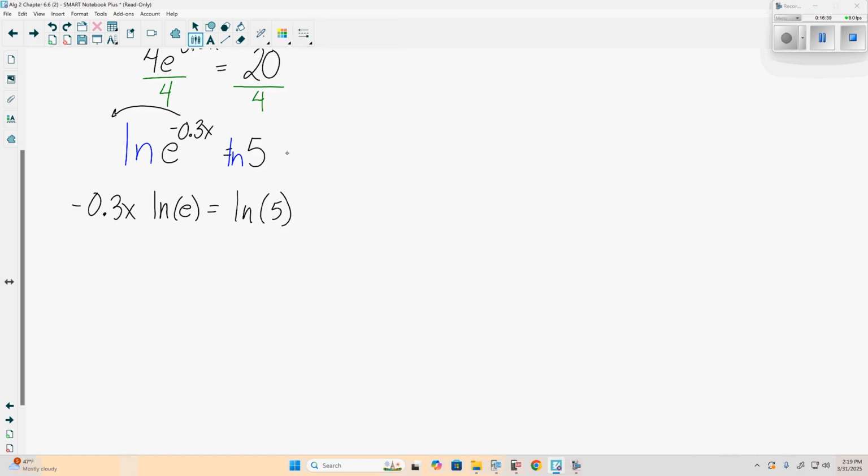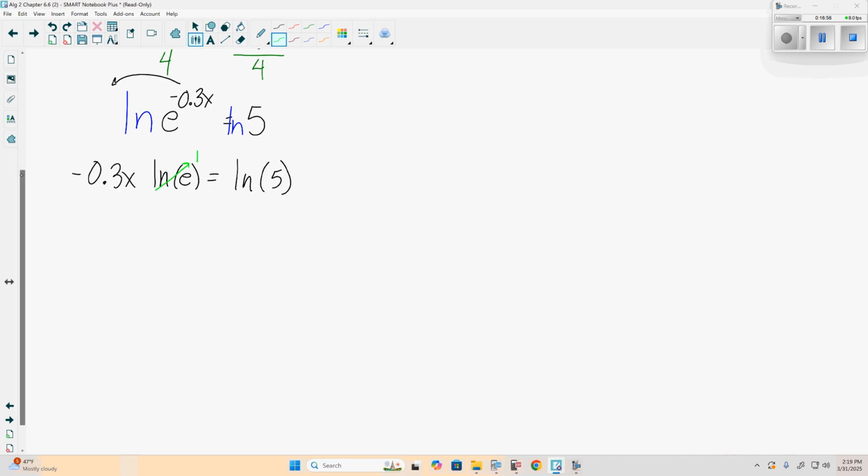Well, what is the natural log of e? It is 1. Natural log of e is 1. So this here reduces to 1, leaving us with negative 0.3x is equal to the natural log of 5.